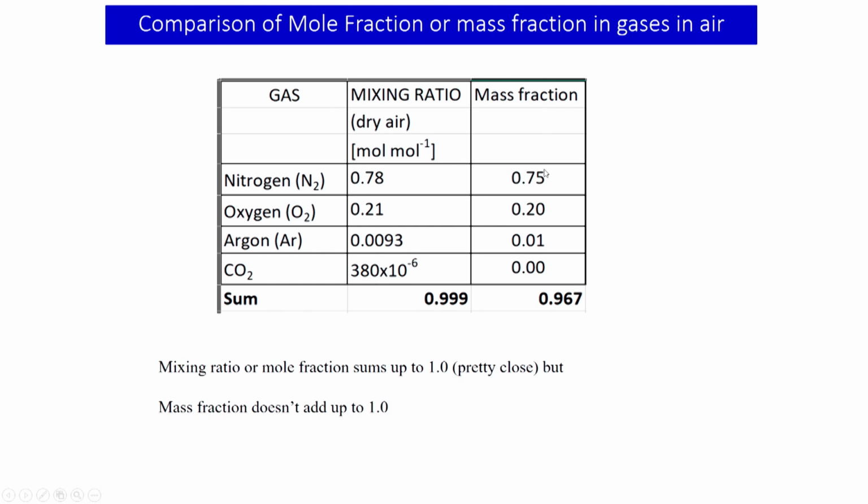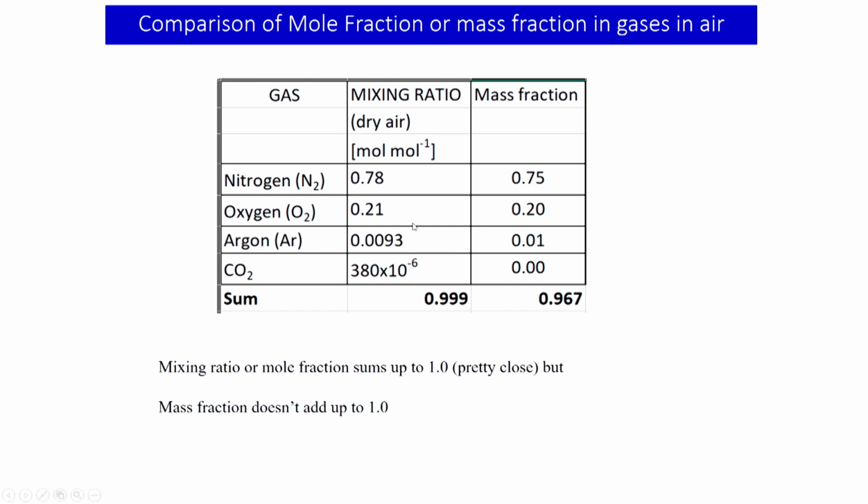Okay. So, if you calculate this mass fraction, 0.78 will be about 0.75, 0.21 will be about 0.2, and 0.093 will be almost the same, not much change, and CO2 will be much reduced, because it is very low. Okay. And if you sum up, because the number of moles has to sum up to 1, the sum of the mole fractions should be 1.